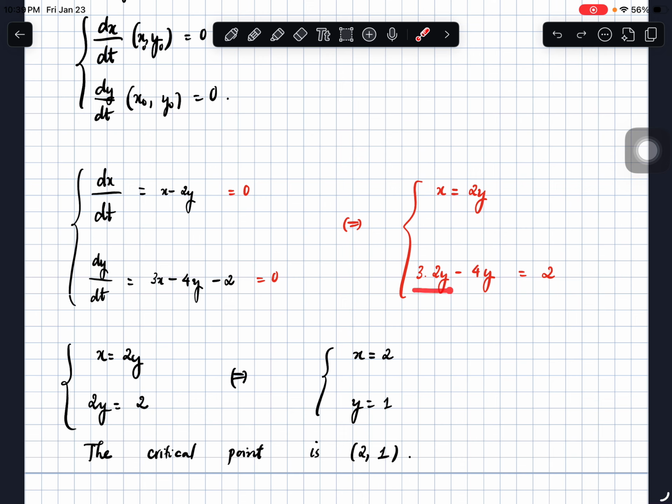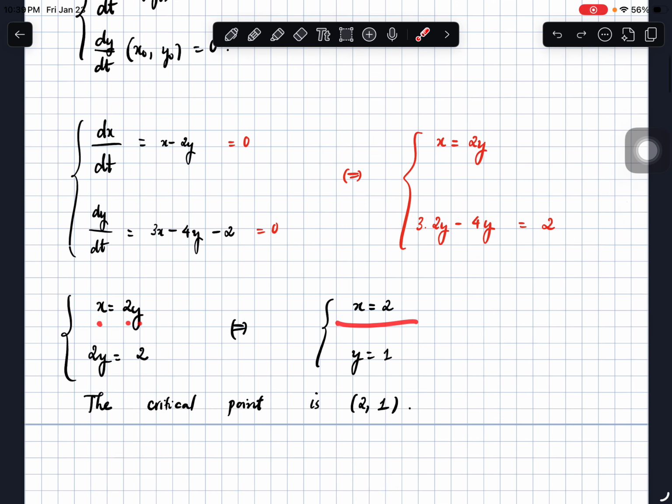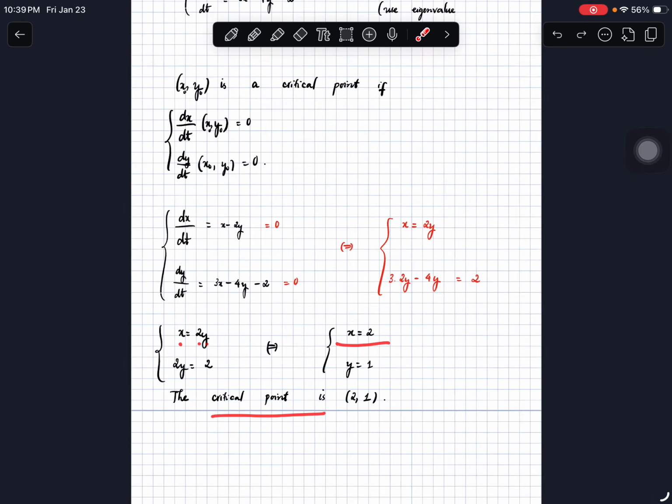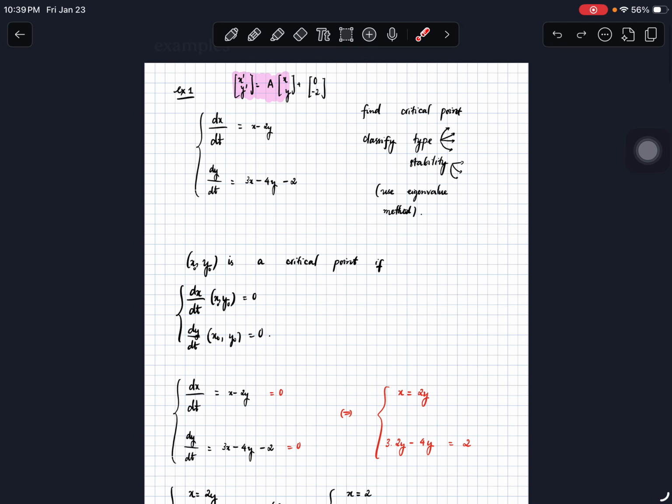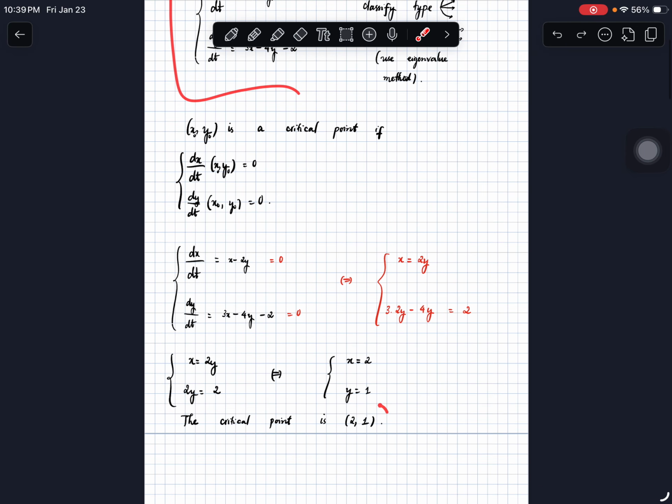You have 6 times 2y minus 4y equal to 2, so 2y equal to 2, therefore y equal to 1, and then x equal to 2 times 1 equal to 2. So we know the critical point of the system they give us is 2, 1, and we have only one critical point. That one is an isolated critical point.